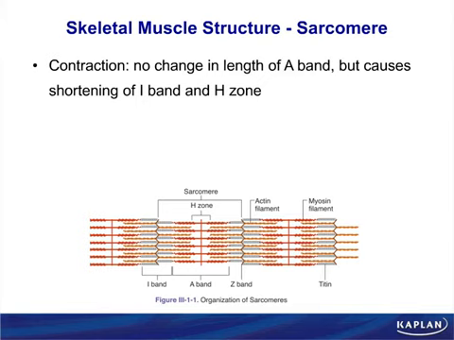But the A-band is basically myosin, and the myosin is not going to change in length when the muscle contracts. However, the I-band, which is titin and actin, will shorten, and also the H-zone will shorten some as those actin proteins move into them. So the A-band doesn't change length, but the I-band and the H-zone do.